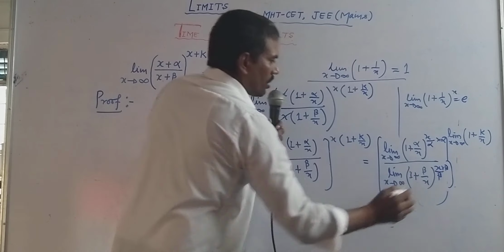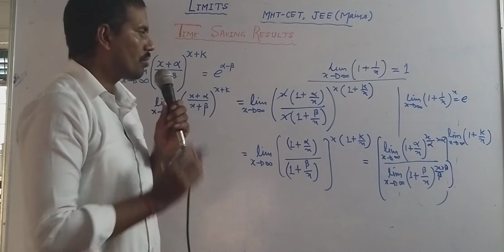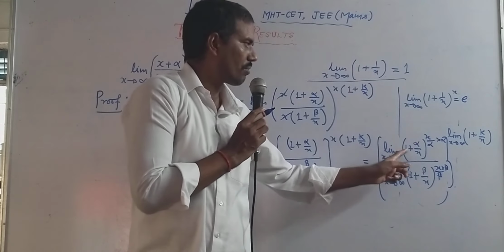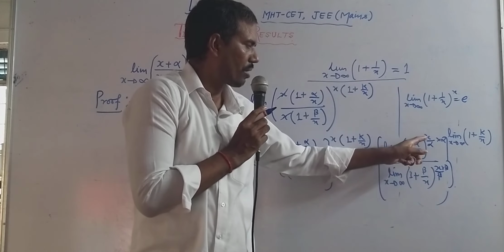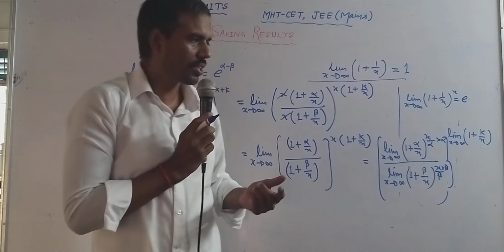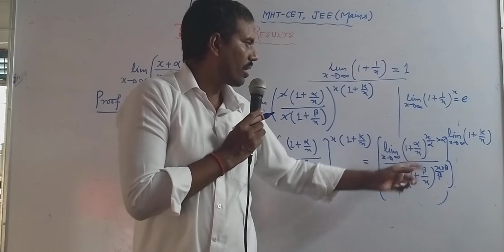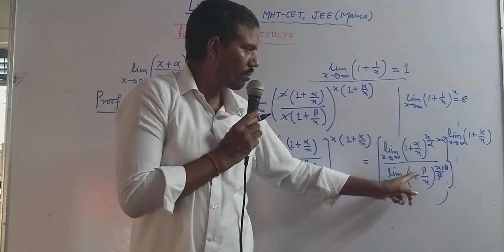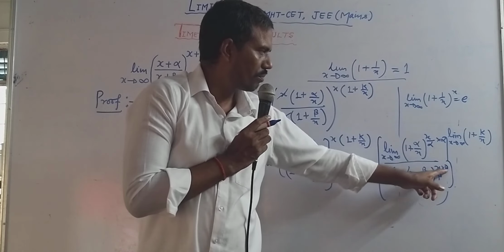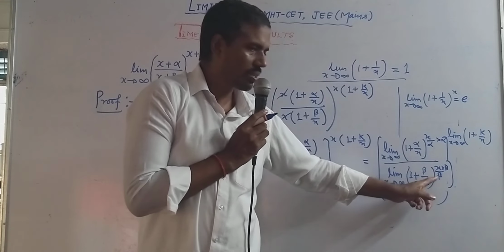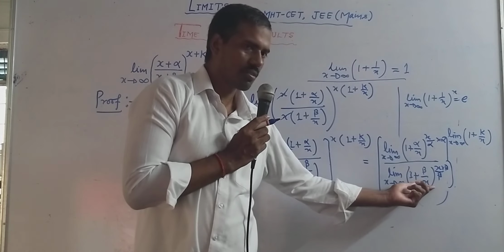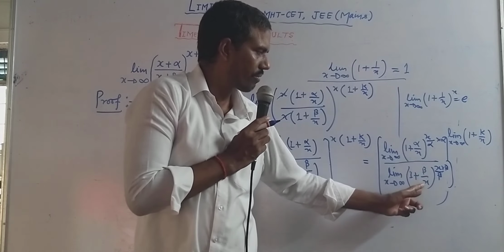and dividing by beta. So here we can apply this result, which means limit of (1 plus alpha by x) to the power x upon alpha, meaning the power should be the reciprocal of the second term, and here limit of (1 plus beta upon x) to the power x upon beta into beta. Here x upon beta is the reciprocal of the second term of the base 1 plus beta upon x.